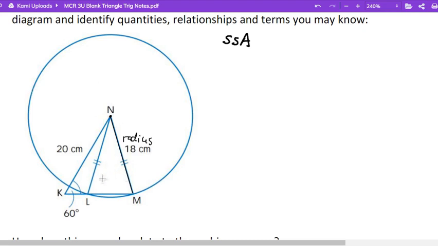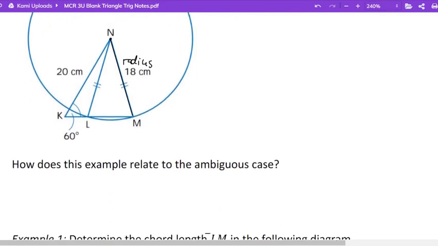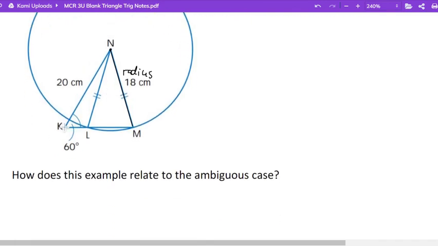All right. Now, why is 20 not 18? Well, that's because this is a point K that is outside the circle. And we use that. This is part of the information given to us so that we may solve for the isosceles triangle.